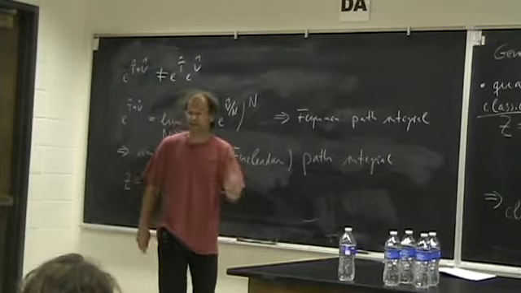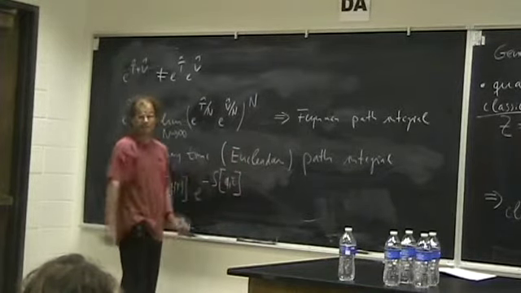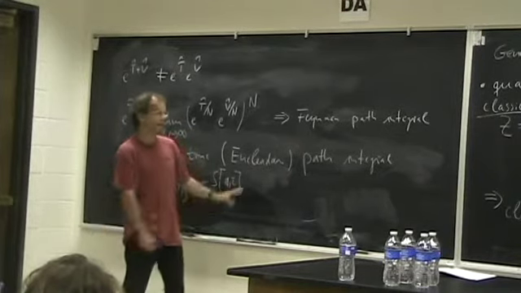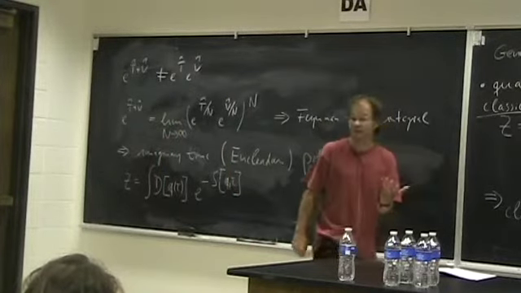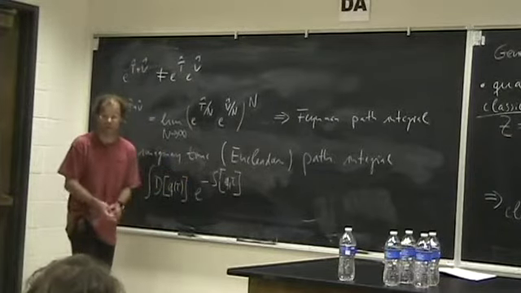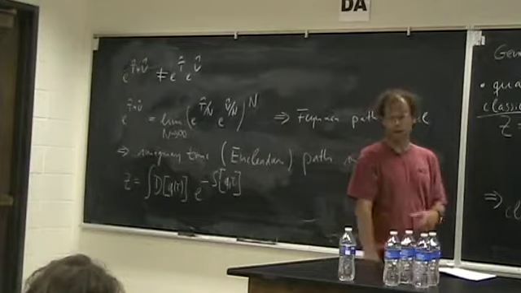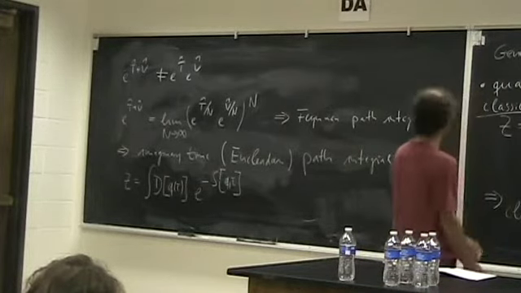Whenever you can interpret what you have here as the Boltzmann factor of some hypothetical classical system, then you have achieved the mapping between the quantum partition function in d dimensions and a classical partition function in d plus 1 dimensions, right? And whenever this works, it's extremely useful because we know a lot about classical systems and we can use all of this knowledge to understand the quantum problem.